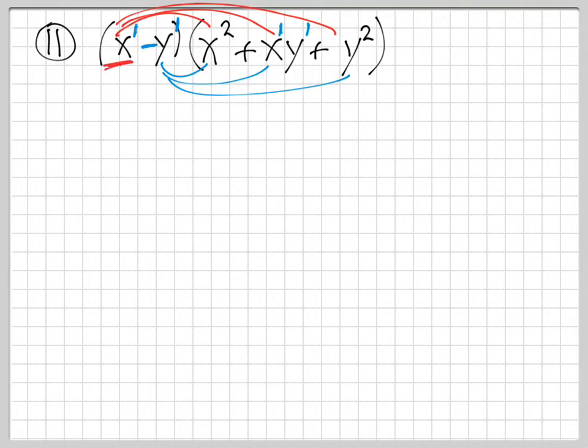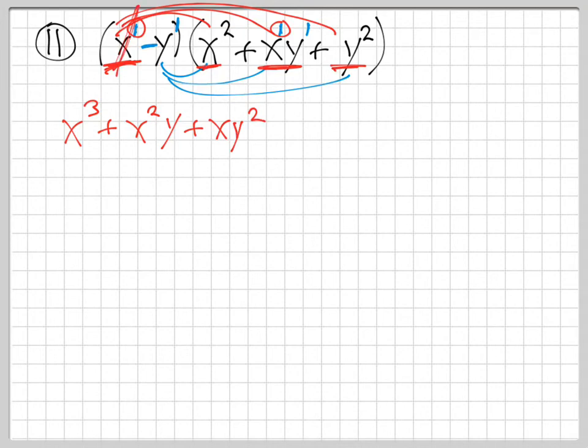So when this x hits x squared, the 1 power and the 2 power add: x to the third. And then when this x hits xy, x squared y. Perfect, because the 1 powers added on the x's. This little 1 and that little 1 added up, didn't they? And then when the x hits the y squared, that's just xy squared. He's done. Now it's the minus y's turn.